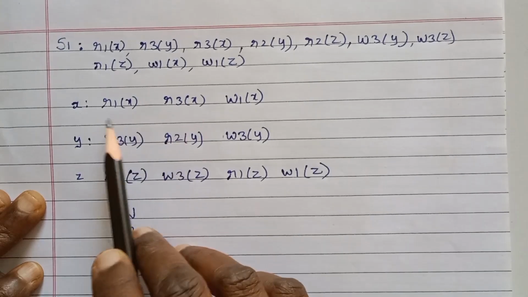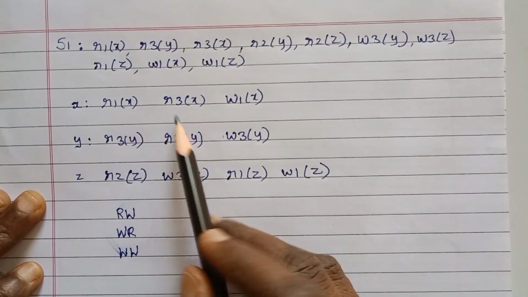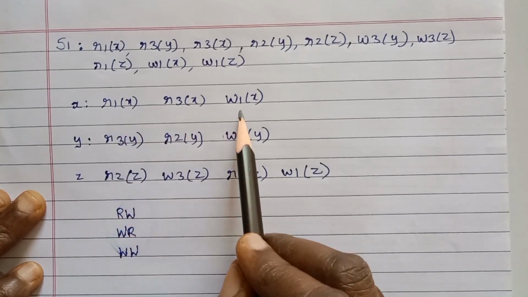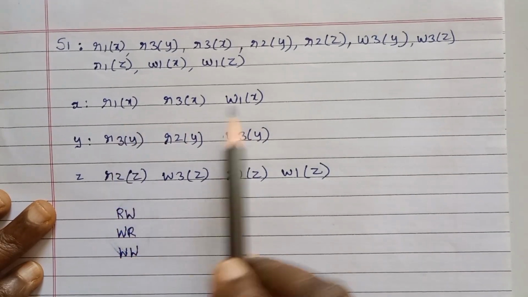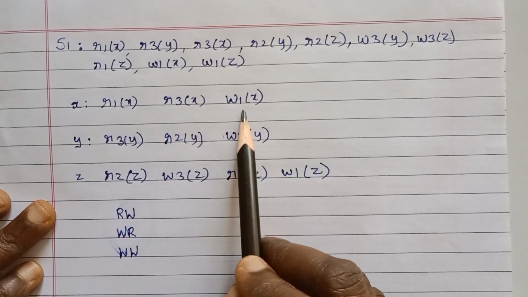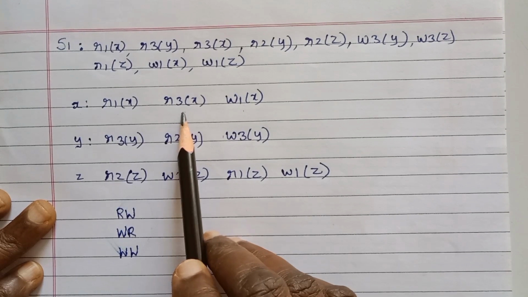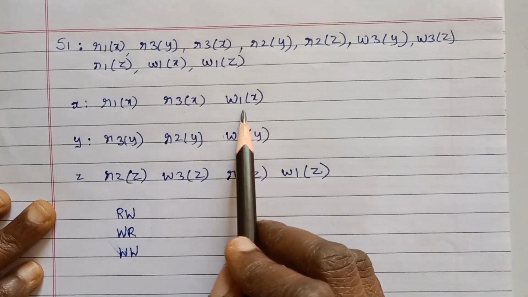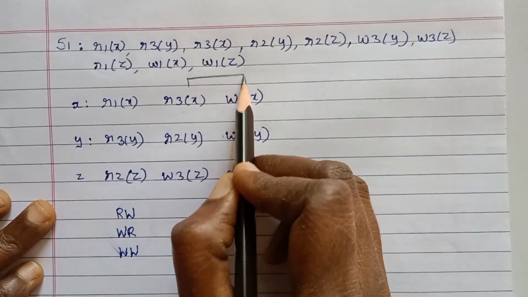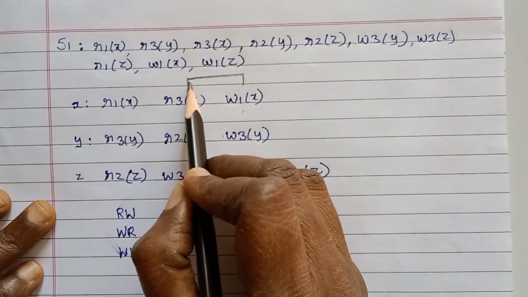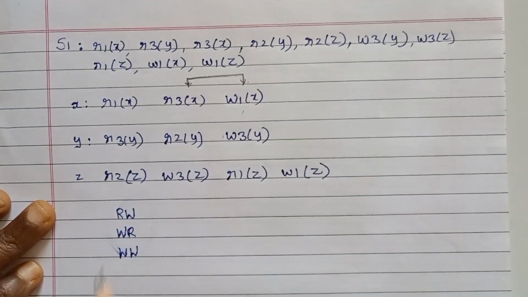These are different transactions, and both are reads, so you do not bother. Next, r1 and w1: you do not bother because it is in the same transaction. Now r3 and w1 means you read in transaction 3 and then write in transaction 1, so a conflict can occur here.